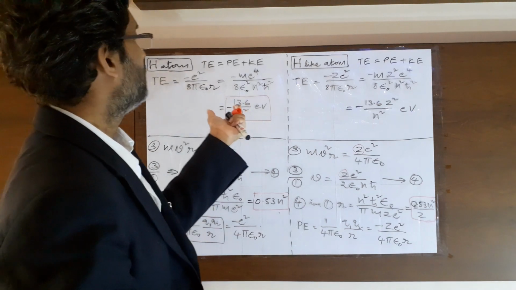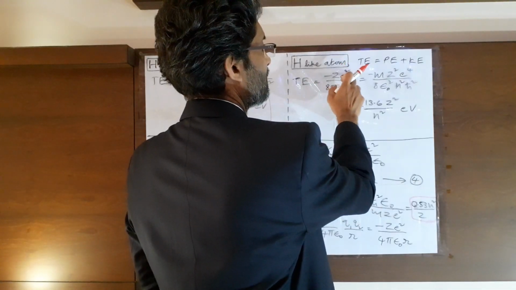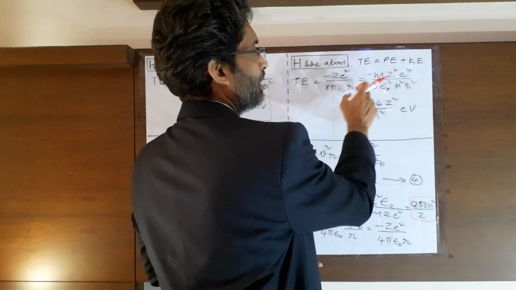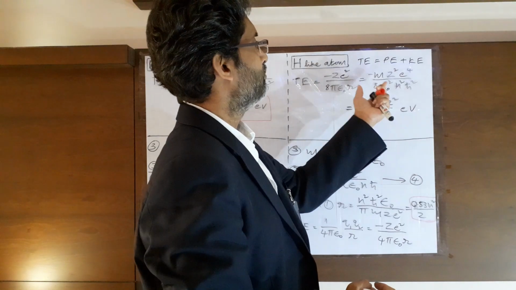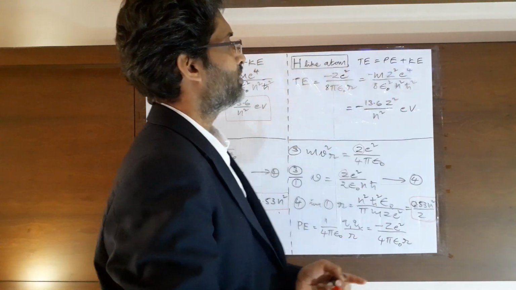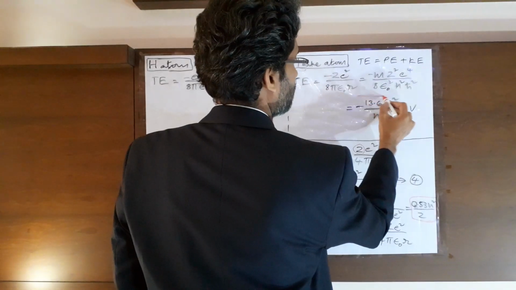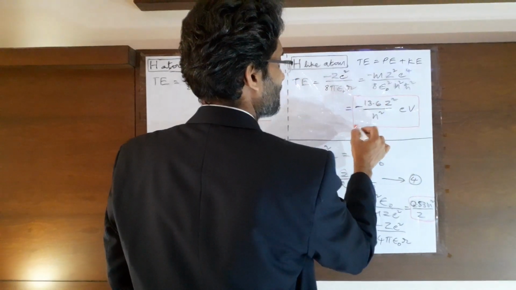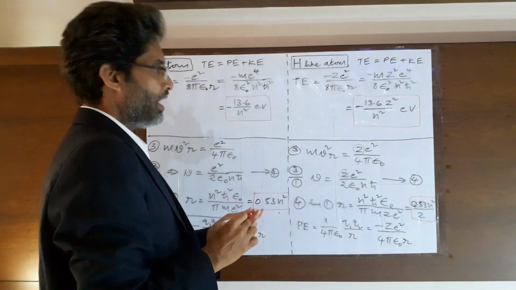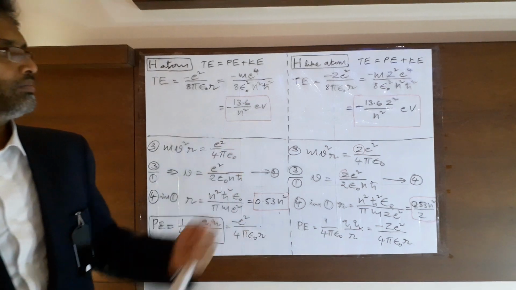In the same manner, for the hydrogen-like atom also, the total energy will be minus Ze square by 8 pi epsilon naught r, and substituting that r value from there, it is minus m Z square e power 4 by 8 epsilon naught square n square h square. And the important point here is that it is just minus 13.6 Z square by n square electron volts of total energy, right? Okay, take the notes.